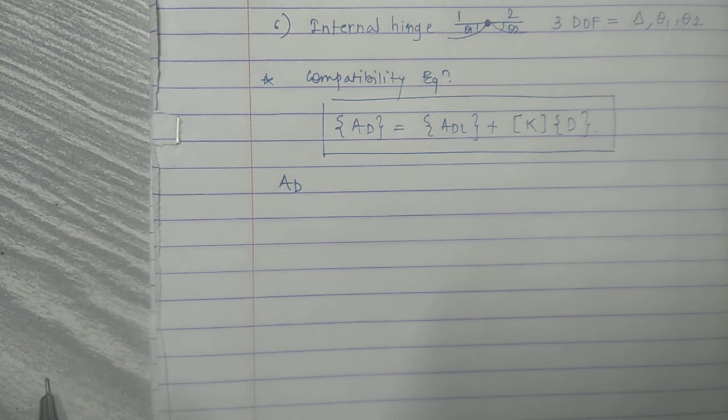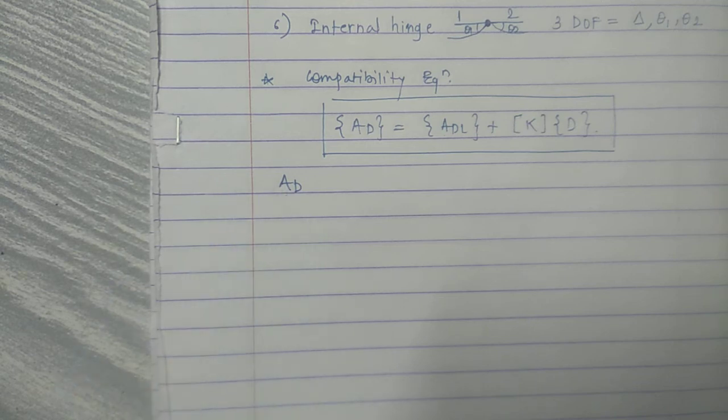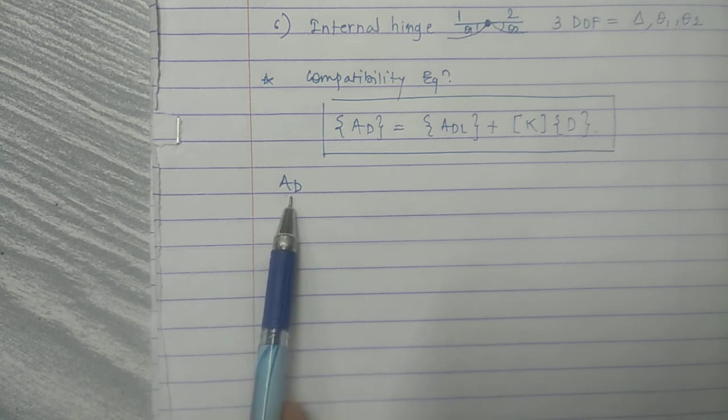So you can relate this AD matrix to the joint forces calculation in the member approach. If you remember how we calculated the joint forces in the member approach, that joint force column and this AD matrix from the structure approach are calculated the same way. AD means action corresponding to the unknown displacement in the original structure.